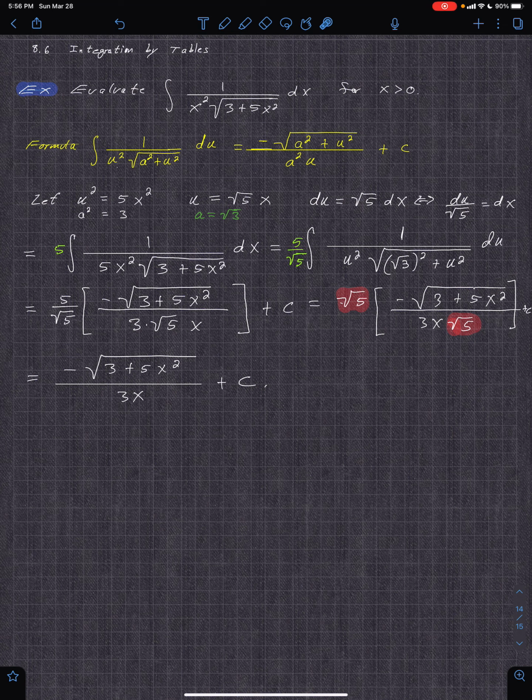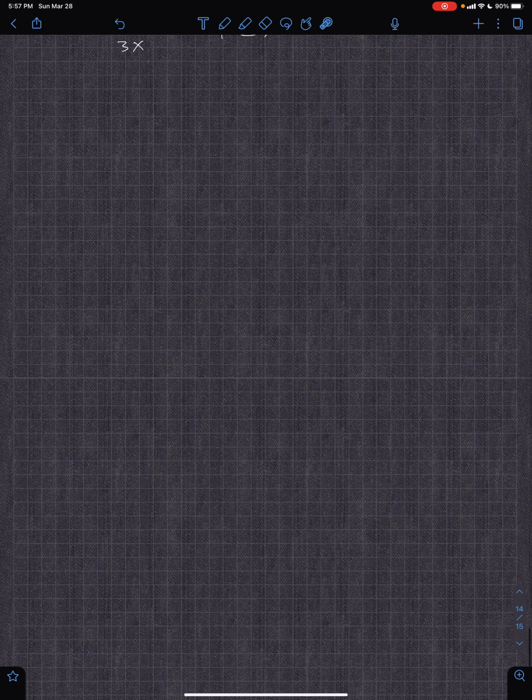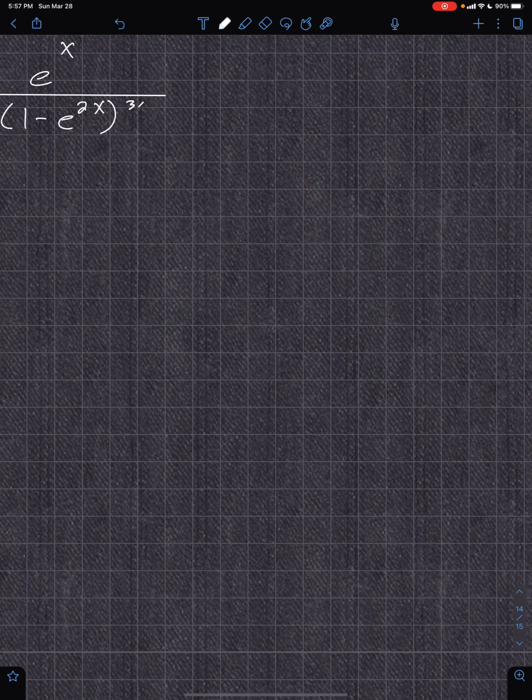Okay, let's do another one. Next example. Let's see here. So next looks like this. You have the integral of e to the x over 1 minus e to the 2x raised to the 3 halves dx.